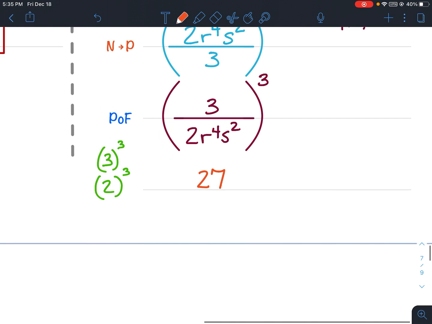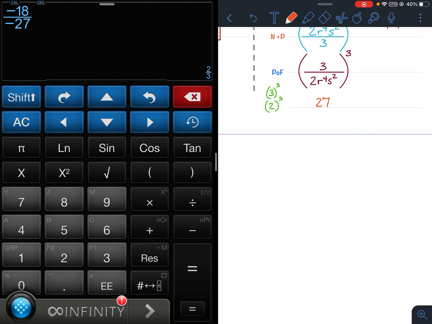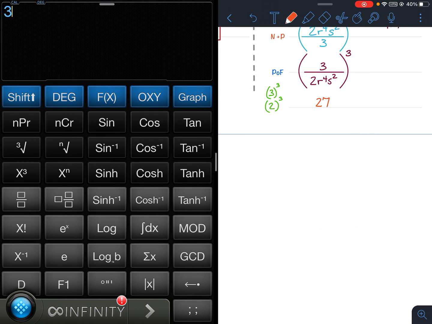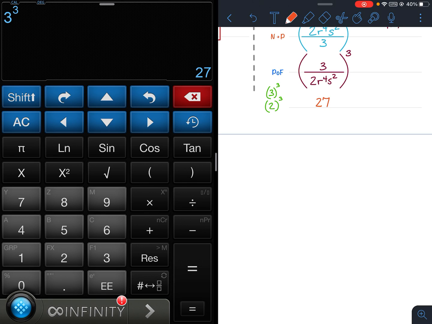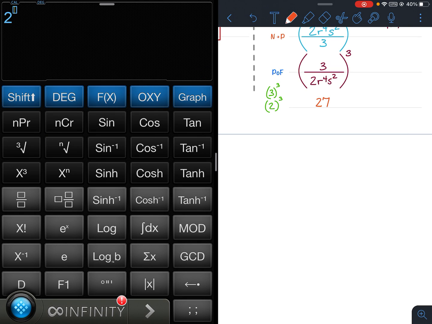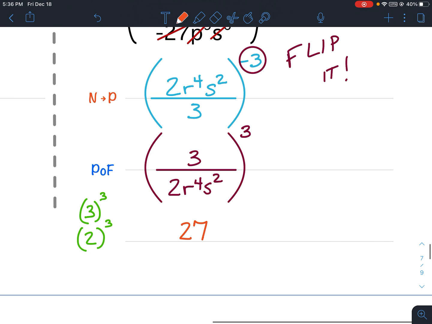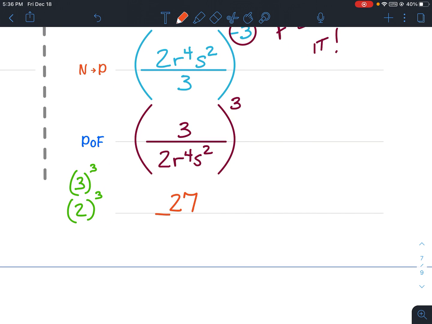If you need reminded of how to put that in your calculator, if you're using the iPad calculator, it's the X with the third button beside it, so 3 to the 3rd. Or you could have used the X to the nth and put in a 3. Either one would work. So 27. I might as well do 2 to the 3rd while I'm here. So I'll use the X to the nth button this time. 2 to the 3rd, and that is 8. So in the numerator, I have 27.